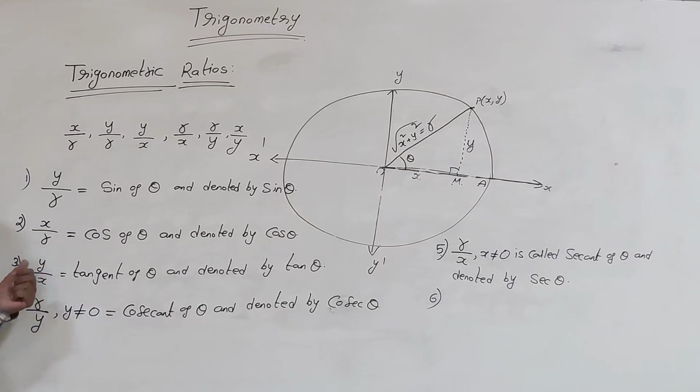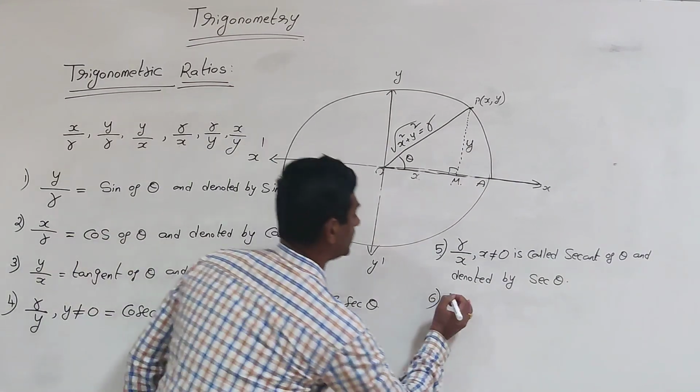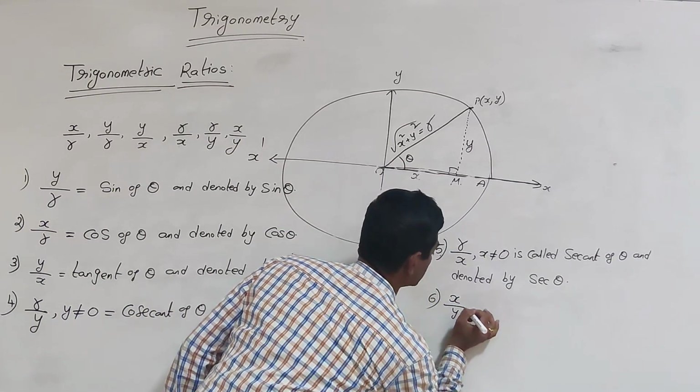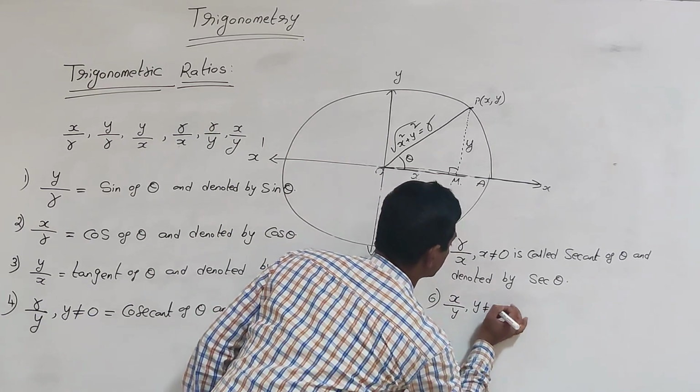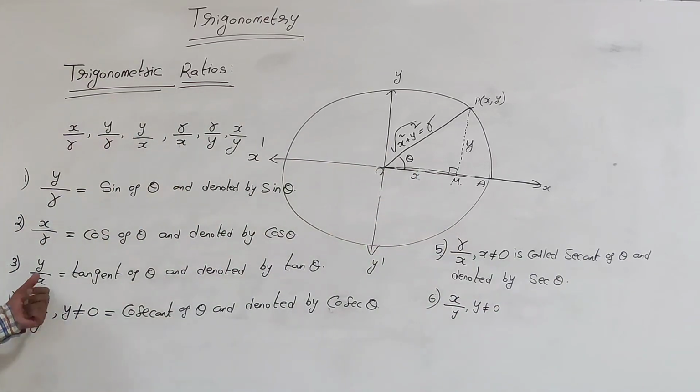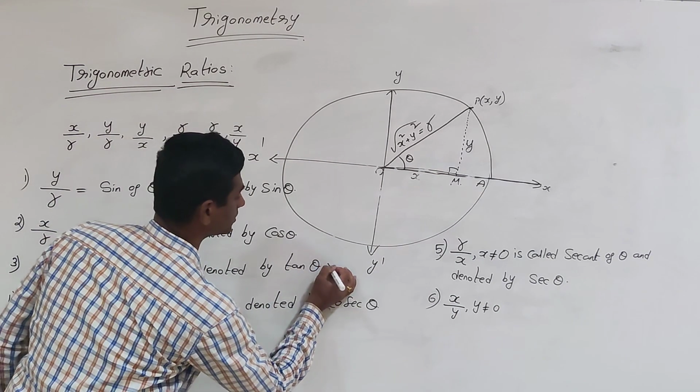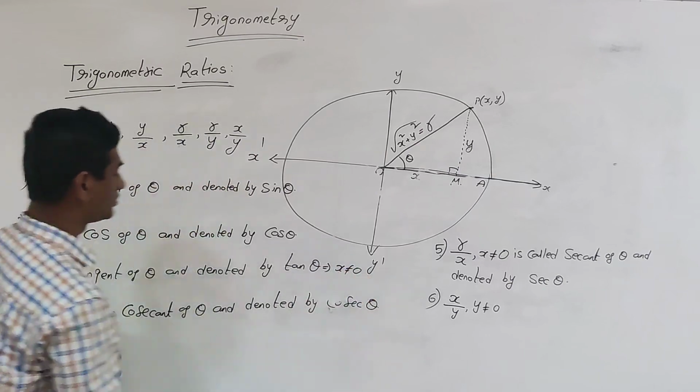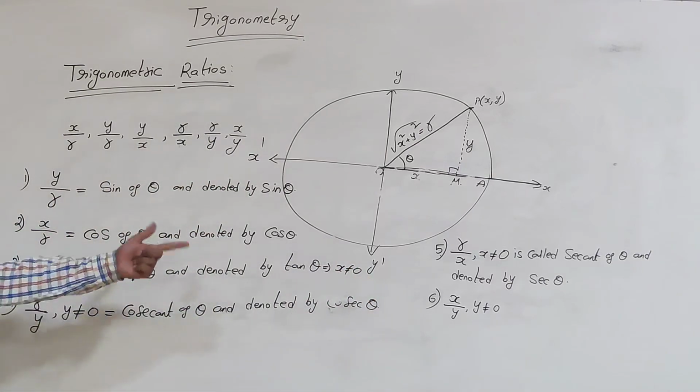Next, sixth one, the reciprocal of y by x, that is x by y, where y is not equal to 0. In the ratio y by x, x is not equal to 0.